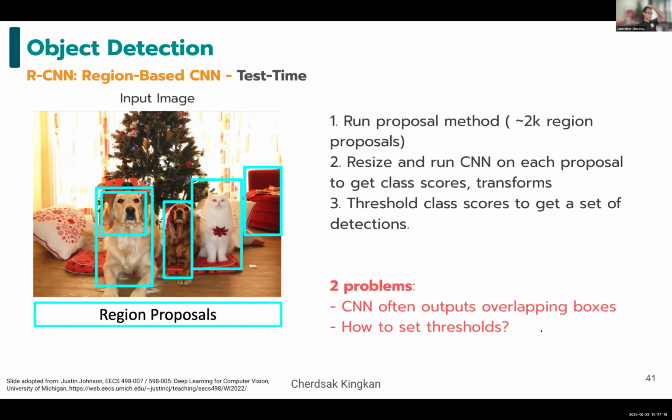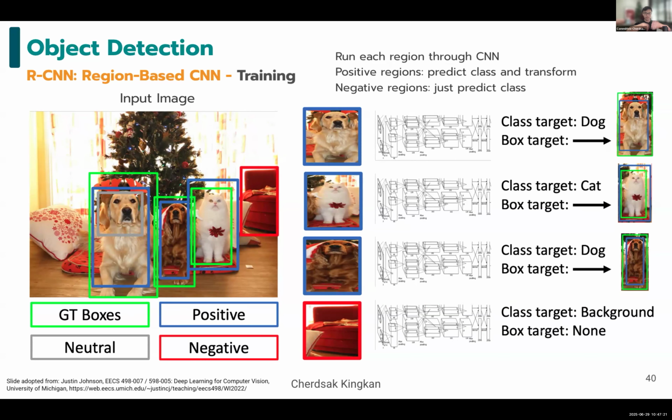So that's how you train it, right? You keep training this. For each image, you perform a region proposal, and then for each region that you get from the region proposal method, you categorize it as either positive or negative, and then crop the positive and negative only. So you don't take the neutral ones.